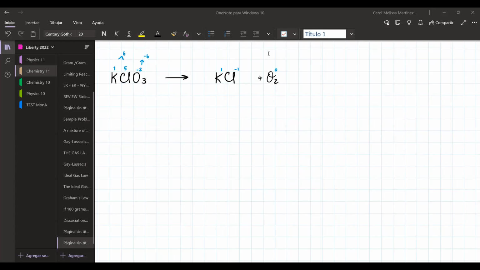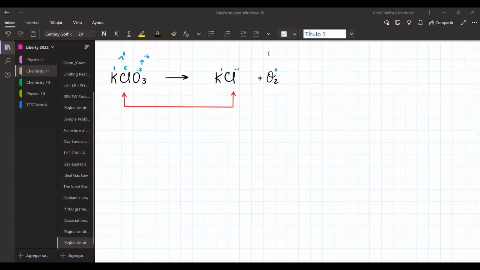So where do I have reduction? Reduction, I have it here. I have a reduction in chlorine because we had chlorine 5, and afterwards we have chlorine -1.